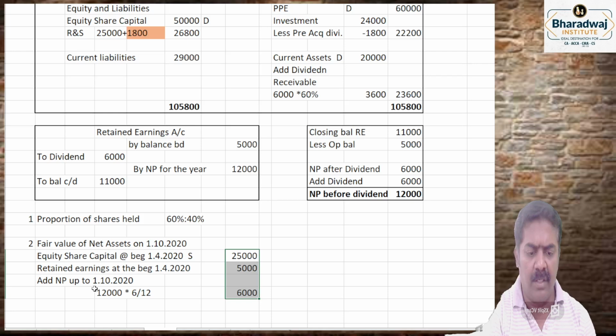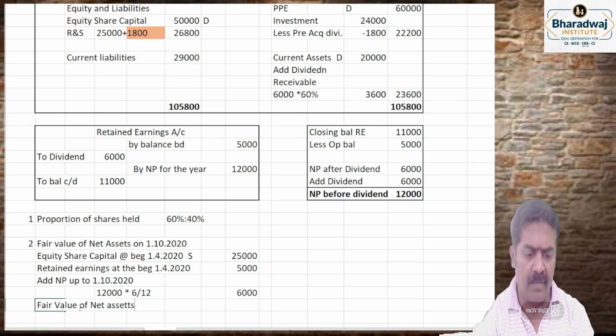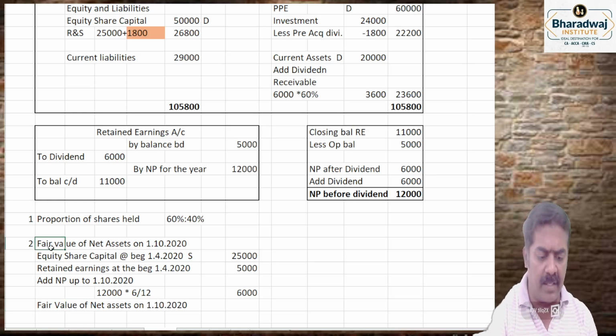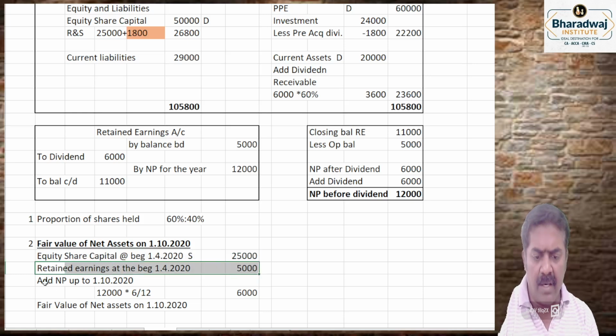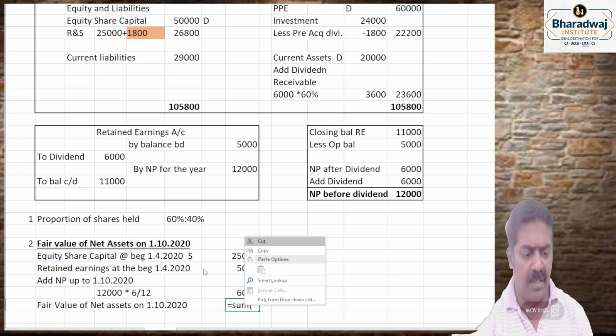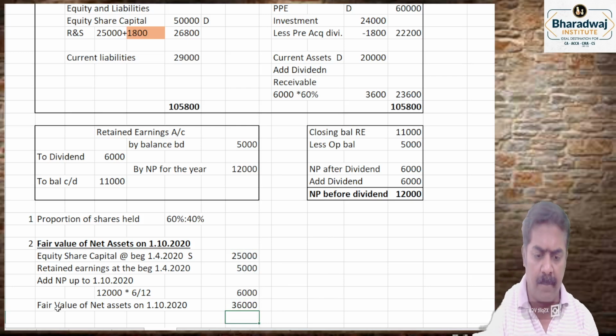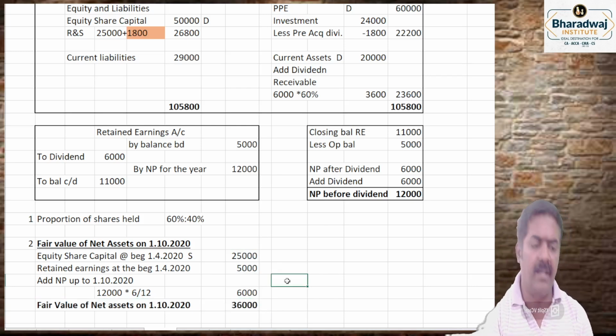Add up and you will get the fair value of net assets on 1/10/2020. Please remember, shares are not acquired at the beginning of the year but in the middle of the year. So opening equity, opening reserves, and net profit for the first 6 months give us the fair value of net assets. In this question, there is no revaluation. How much do you get? 36,000.